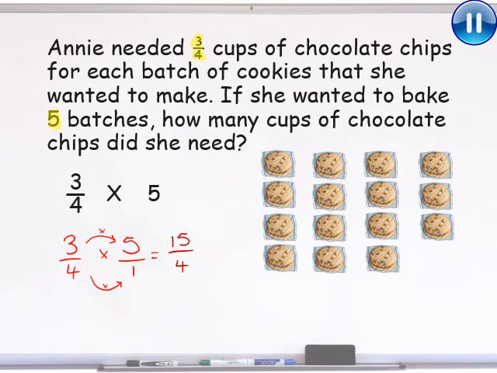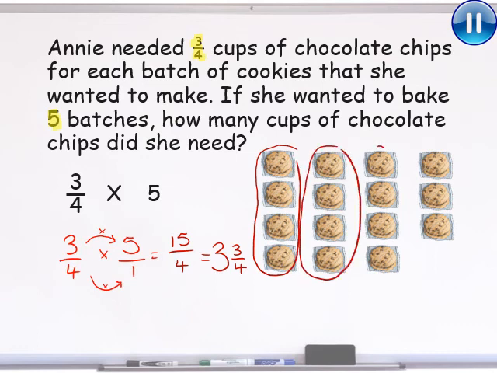Doesn't work. So we would have 4 goes into 15 3 times, doesn't it? 3 4s are 12. And the difference between 12 and 15 is what? 3. So you would have 3 and 3/4. There's 1. There's 2. There's 3. And there's your 3/4 of a cup. Okay? If you got that, well done.